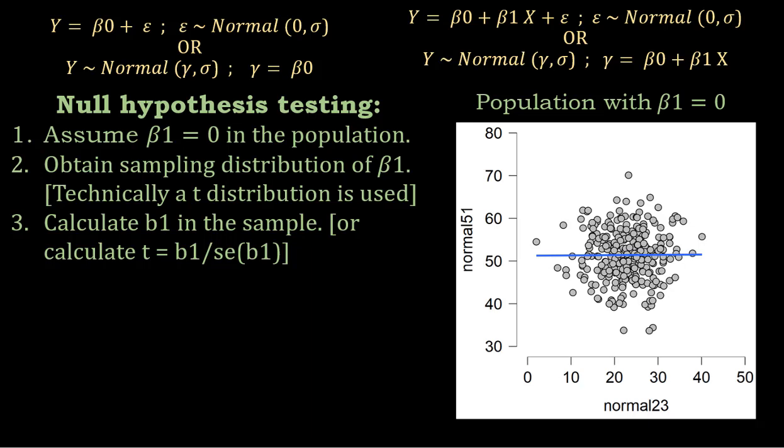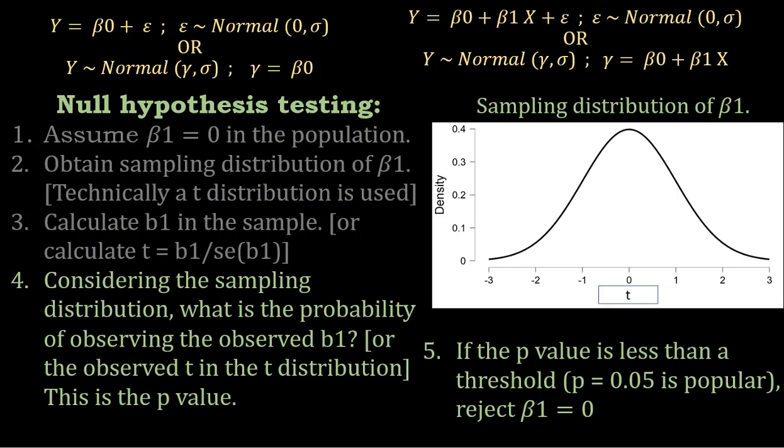And then the next step is to consider the sampling distribution, which could be a sampling distribution of beta 1 or b1, or if we transform the b1 we calculate in our sample into a t-score, then we look at the t-distribution.